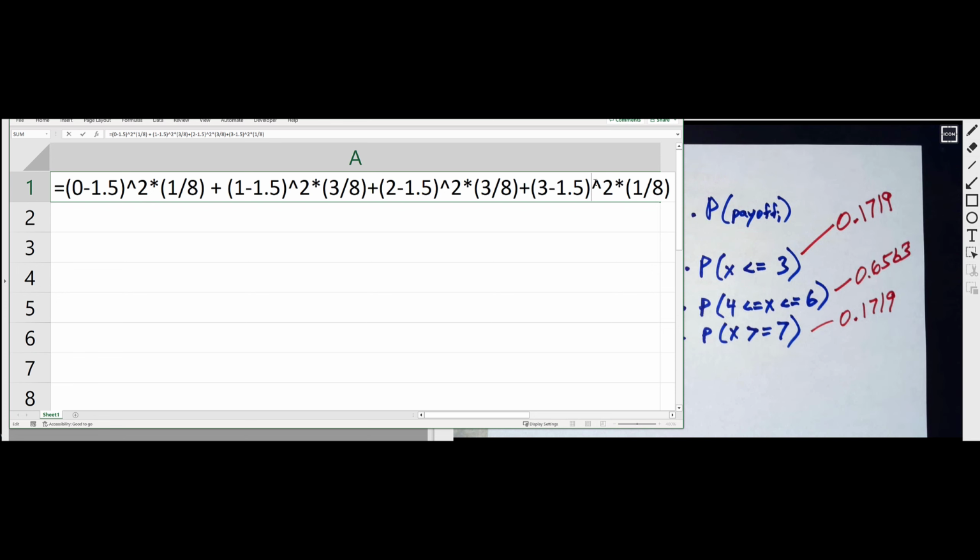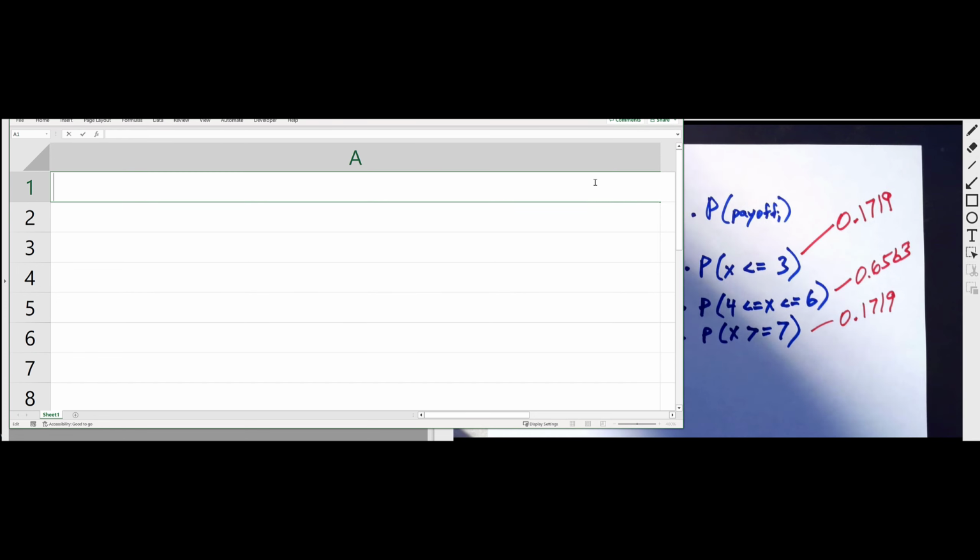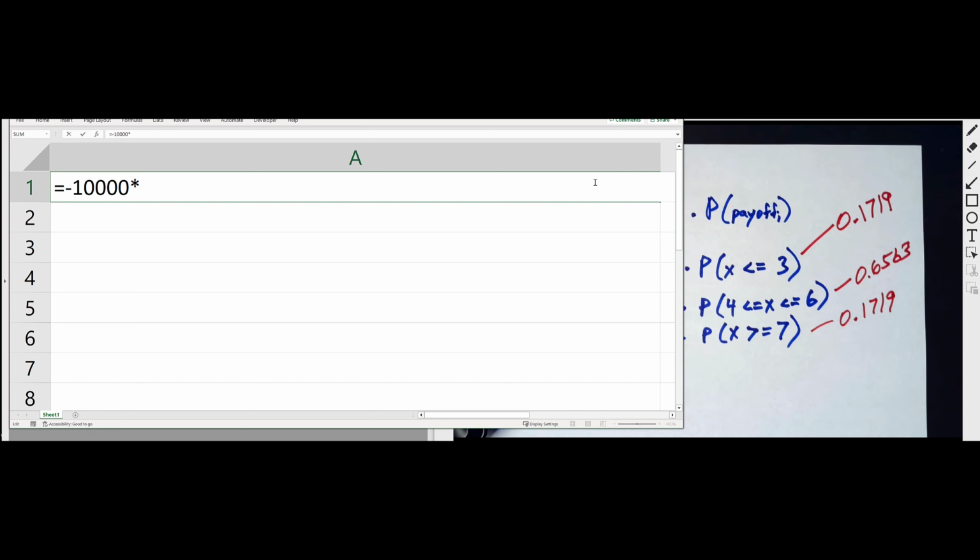We'll get rid of the computation we have from before, and we're going to compute minus 10,000 times 0.1719 plus 10,000 times 0.6563 plus 20,000 times 0.1719.